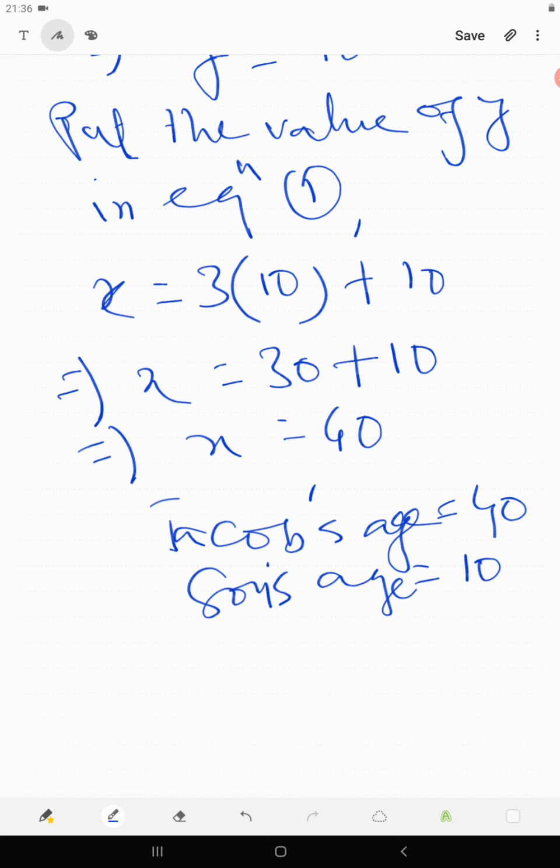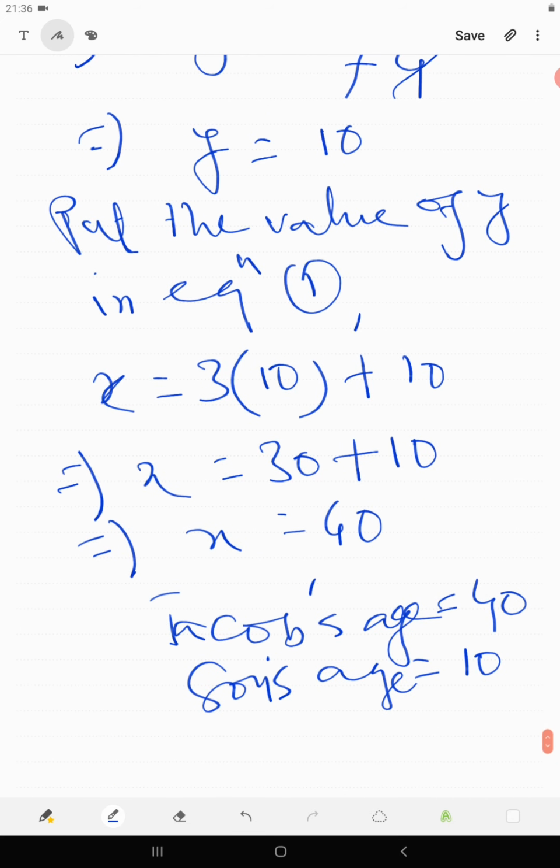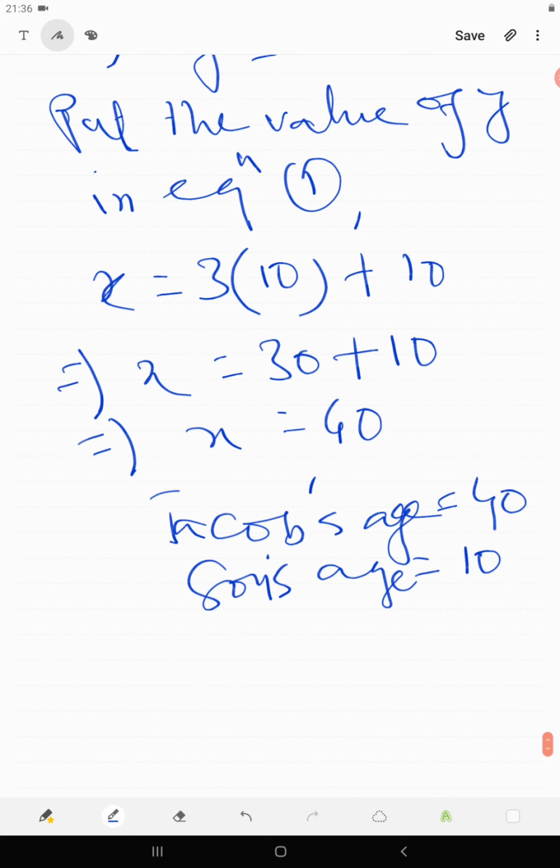Correct? Okay? So Jacob's age is 40 and son's age is 10. It's very easy. So we have got it.